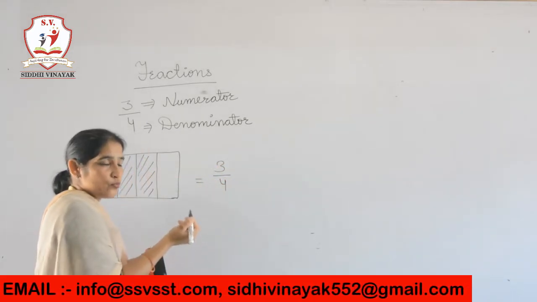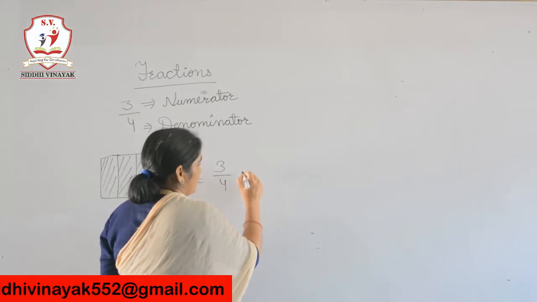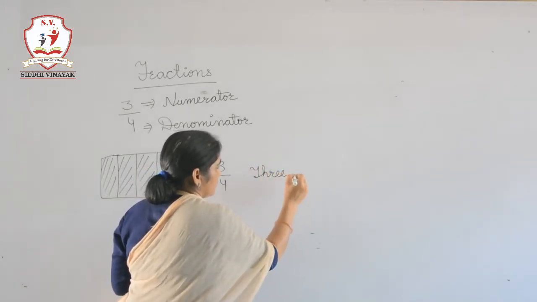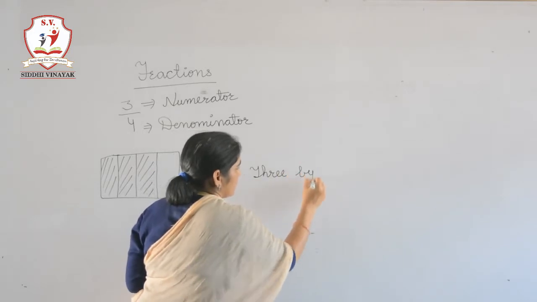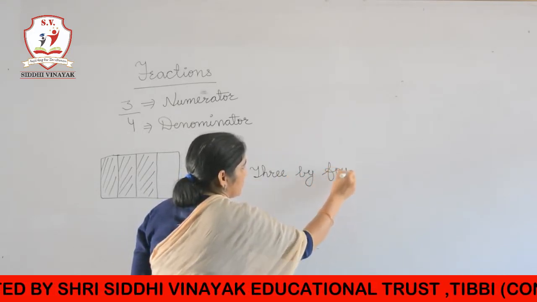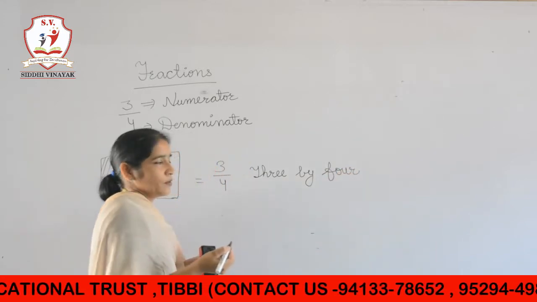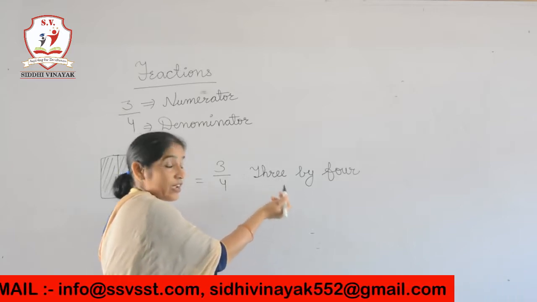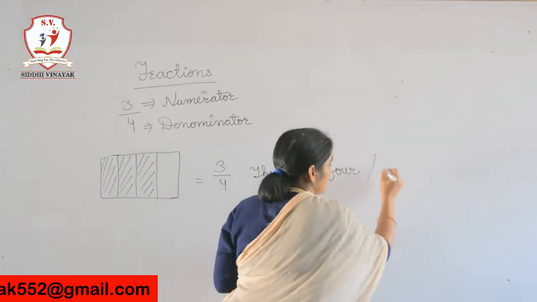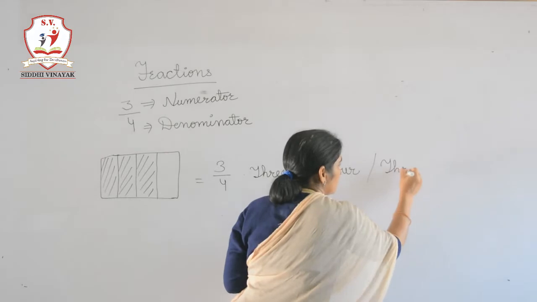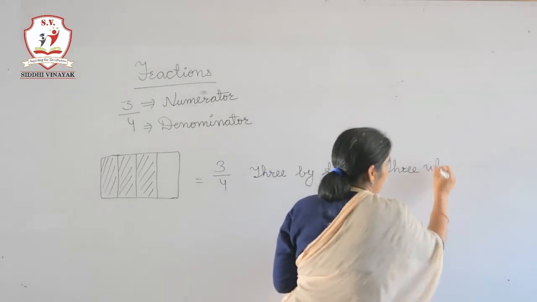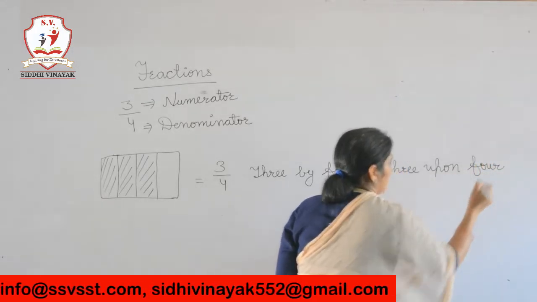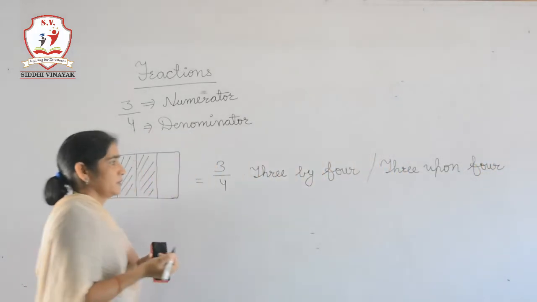Three upon 4. We can write this number in words as 3/4 or 3 upon 4 fractions.